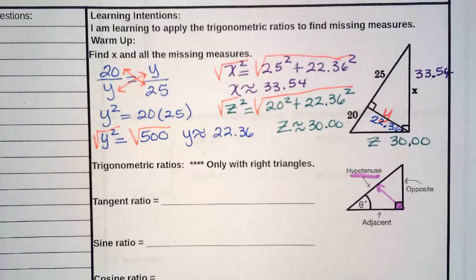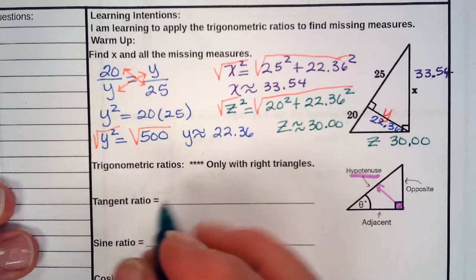So the trigonometric ratio we usually start with first, because it is the one that does not use the hypotenuse at all, is your tangent ratio.